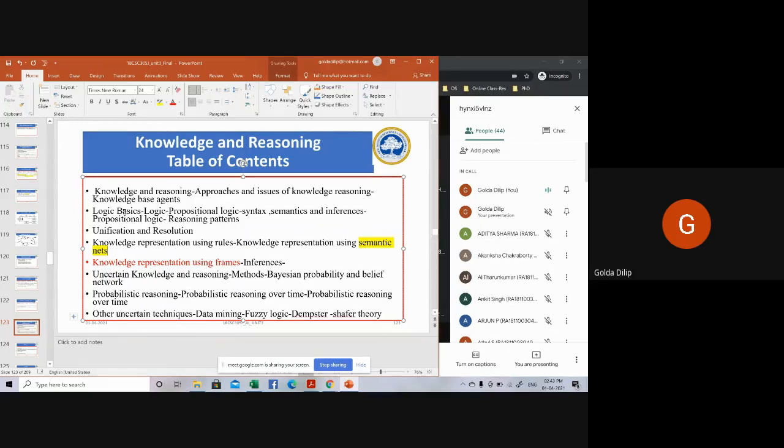In the last few classes we learned about sentential logic, that is propositional logic, as well as first order logic, predicate logic. In addition to that, we have other knowledge representation schemes. When knowledge has a definite structure, we go for either semantic nets or knowledge representation using frames. So this is another method, using frames.